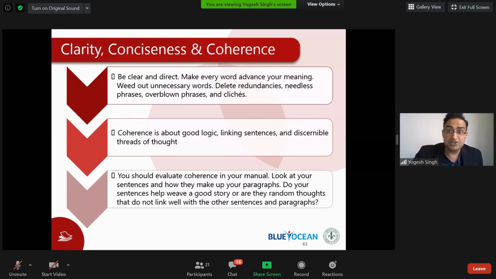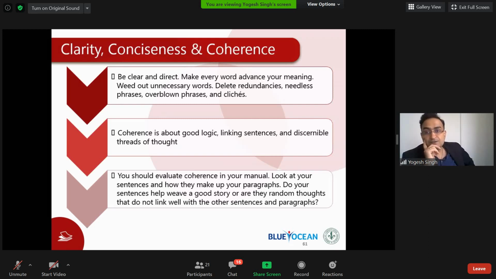The more repetition of words, synonyms, and redundancies there are, the less impactful it will become, even when you are writing an email. Okay? Don't use cliches. Be clear and direct. Make every word advance your meaning.